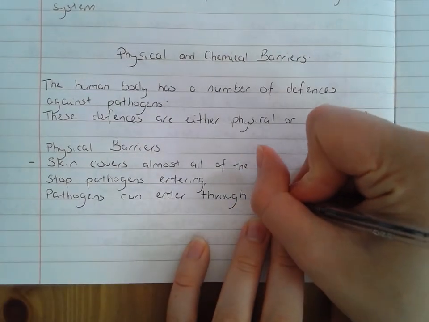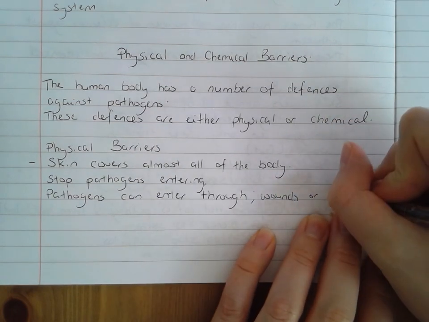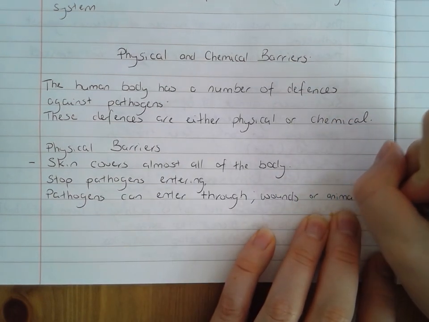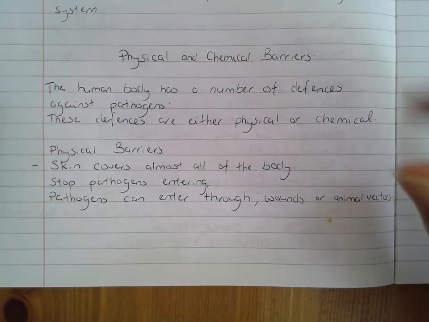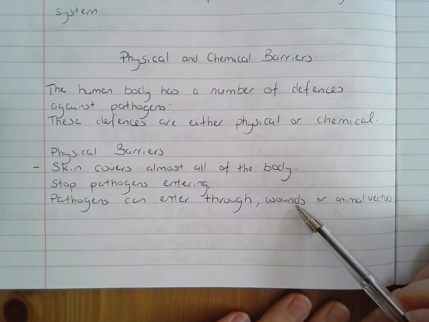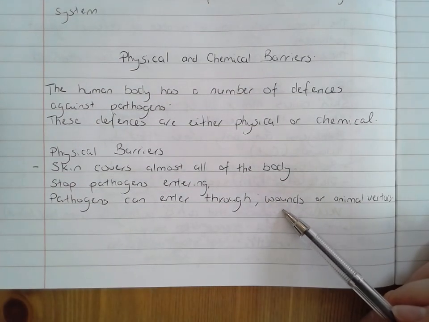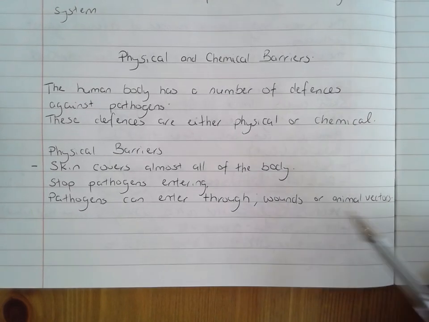Pathogens can enter through wounds, or, I'm going to squeeze this in here, animal vectors. Okay, so even though we are covered in skin, we are still a little bit vulnerable. If we have a wound or a cut in our body, that can leave us open and allow pathogens to enter. The other one is animal vectors.